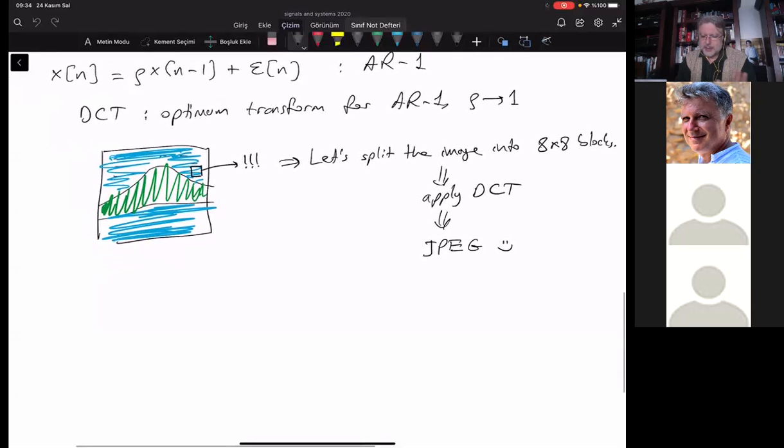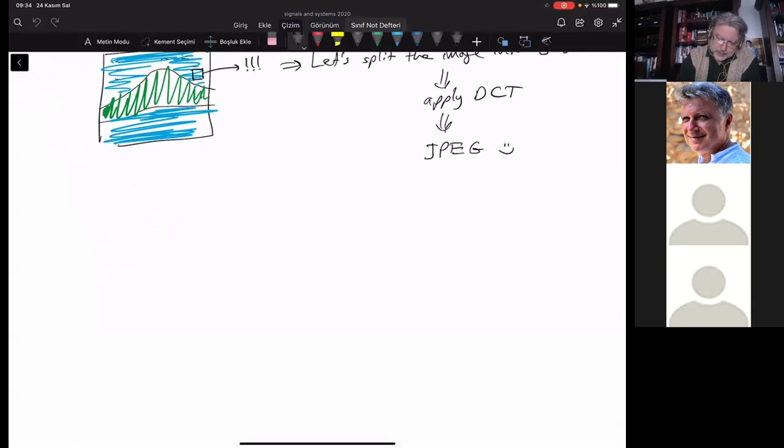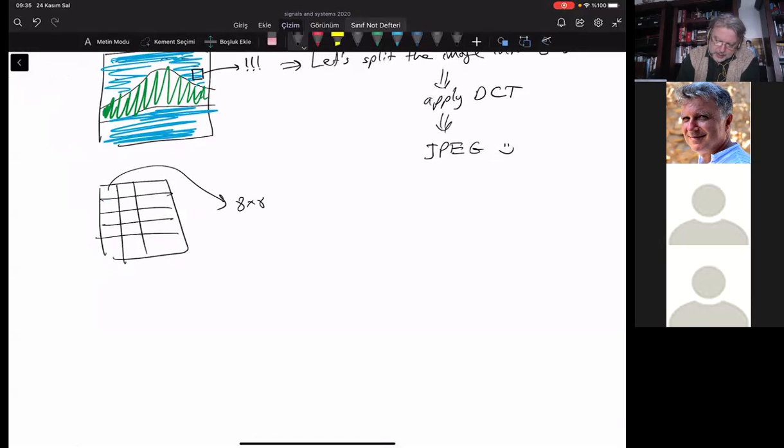I want to talk about it a little bit further. After splitting the image into these 8x8 blocks, each of them is a smaller image.